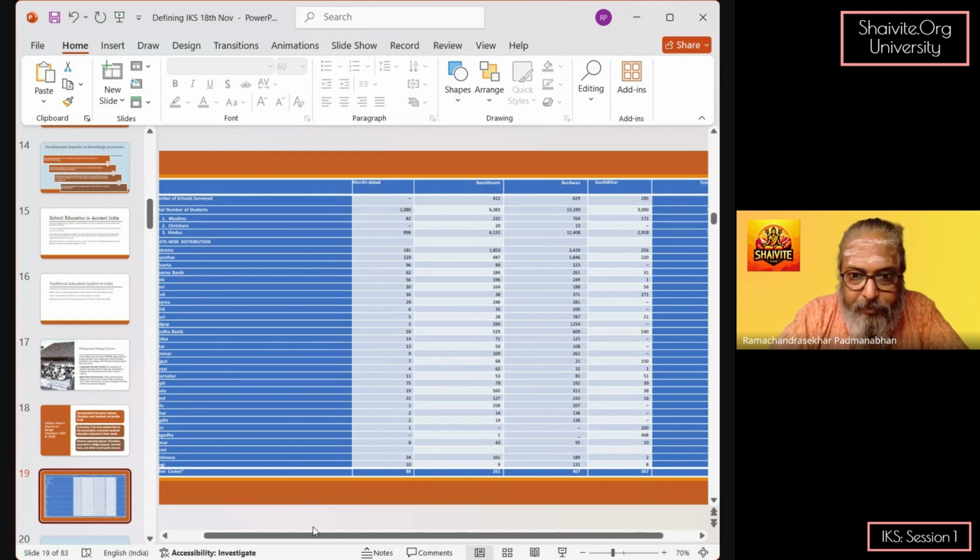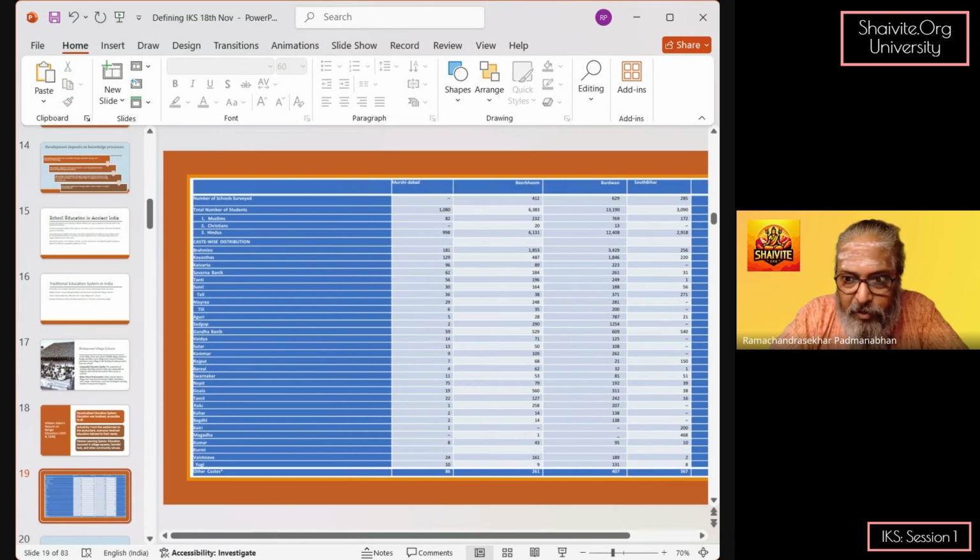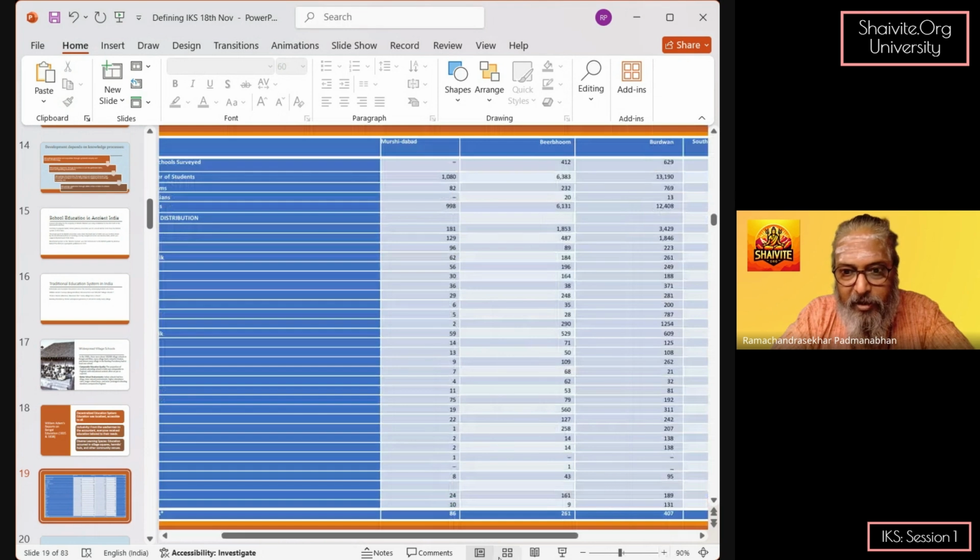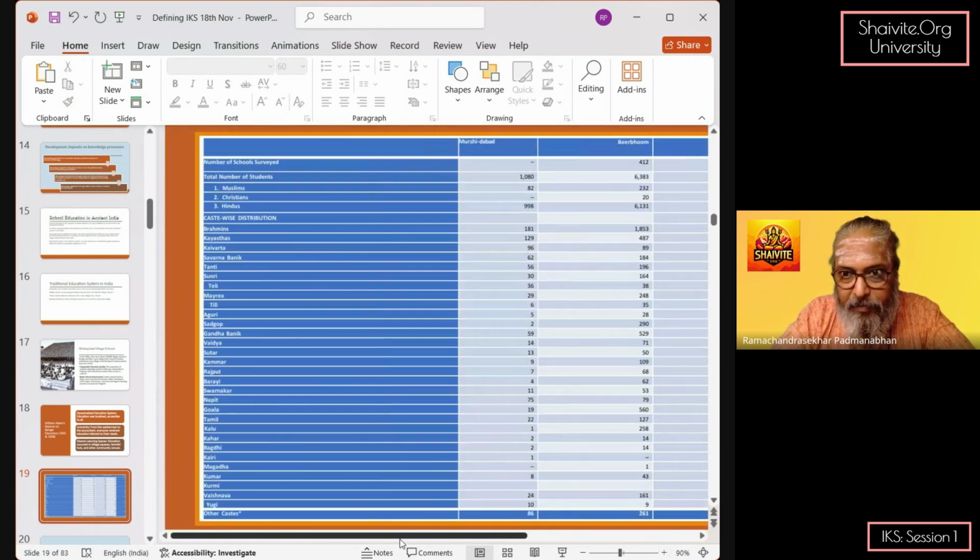And in that, the distribution of community. So I will just take one region so that you can at least read it clearly. You see the caste-wise distribution of the students in the school. You will find that practically every community was educated in the same school, not different schools.